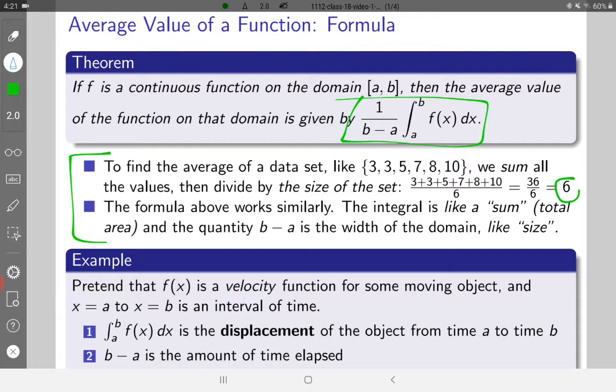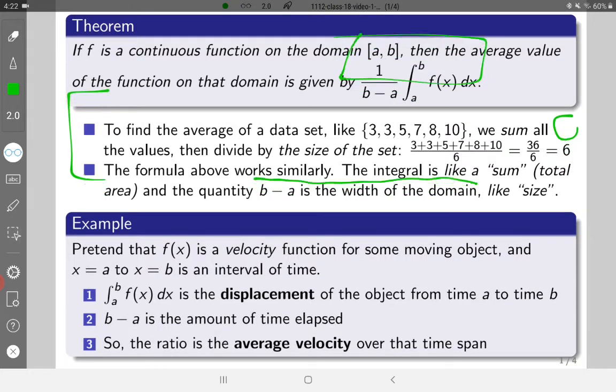So that specific part of the formula is just like adding up the values of the data set in that simple example. And then the dividing by b minus a step, well, that's like dividing by the number of values, or the size of the data set. In this case, b minus a is the width of the domain. It's like the size. So this formula really does exactly what you would do for a data set.